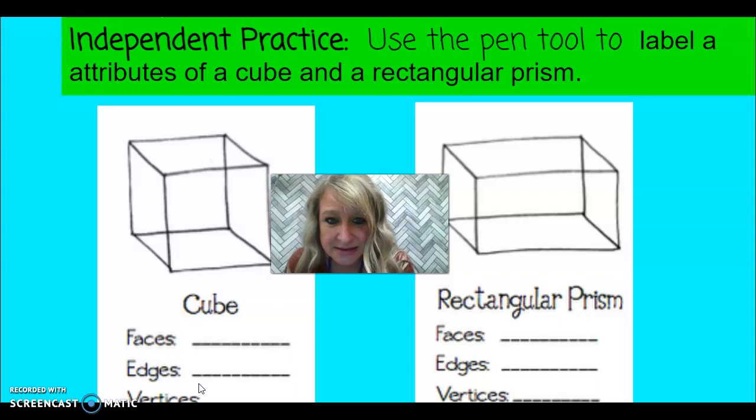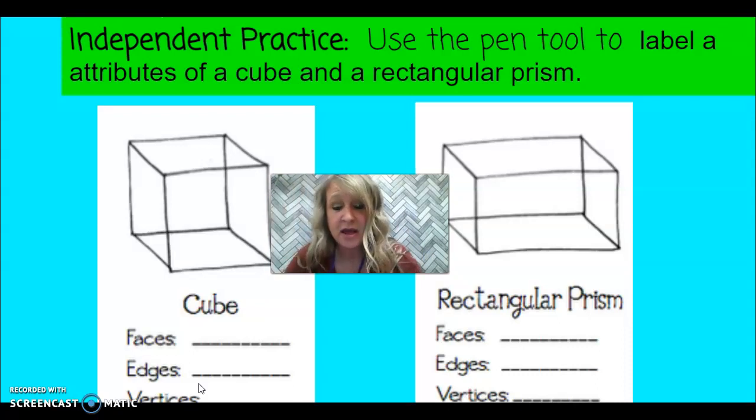I told you to listen. You didn't hear me? Okay, I'll try one more time. Ready? A rectangular prism is going to have the same number of faces, edges, and vertices as a cube. Okay? So you're going to count one, and it's going to be the same for the other.